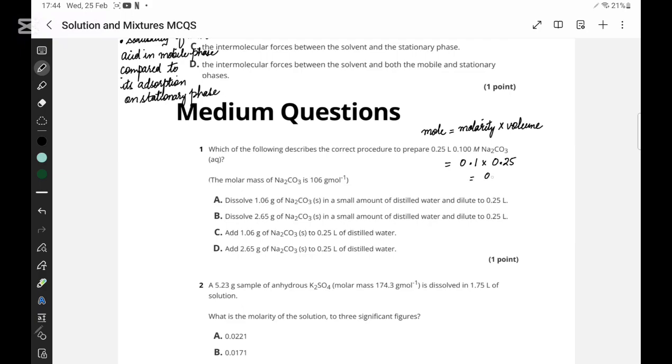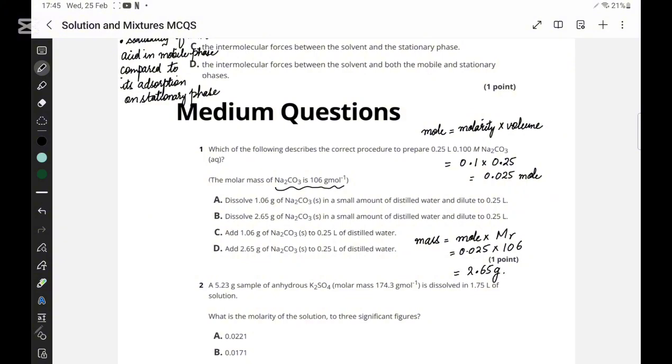So it comes out to be 0.025 moles. Then this is the molar mass given, and we have to find the mass. Mass is equal to moles times molar mass, Mr. 0.025 is the moles, and this is 106, and the answer comes out to be 2.65 grams.